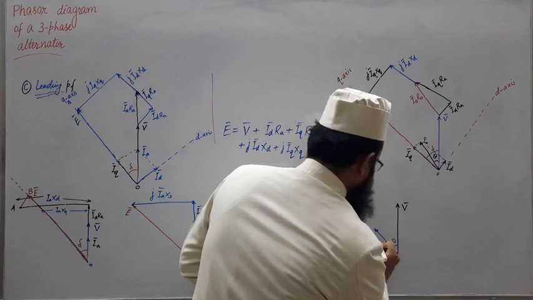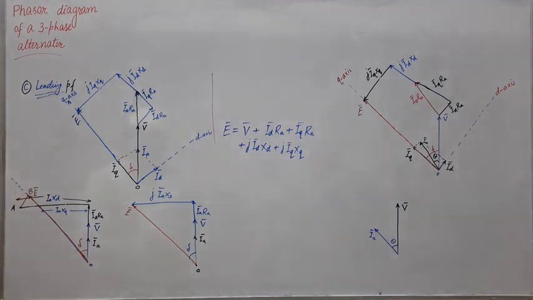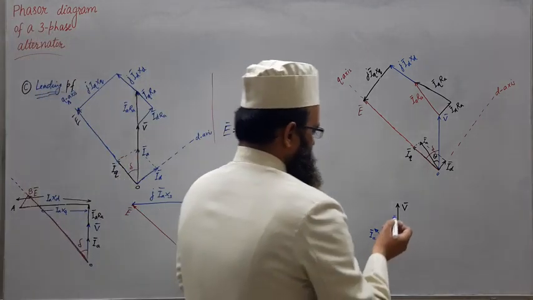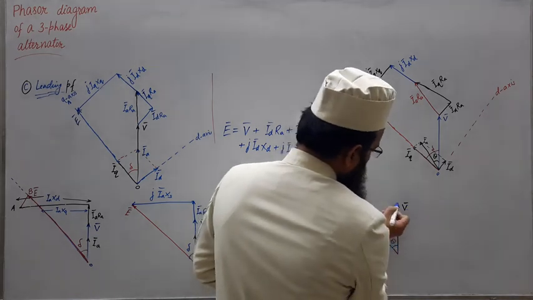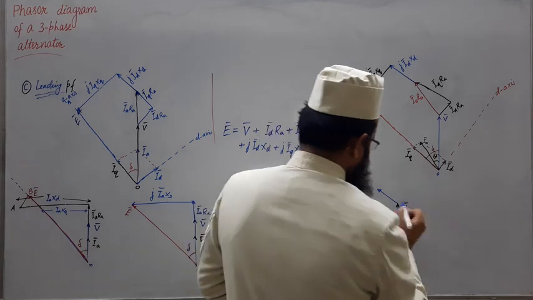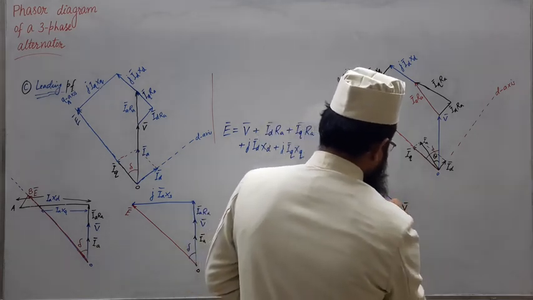This is IA phasor. Now next we will draw the IA RA drop, obviously in phase with IA. So let us mark somewhere the IA RA drop.